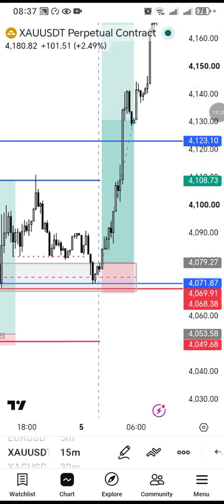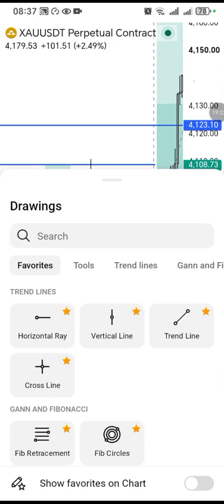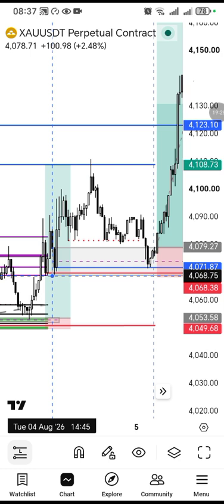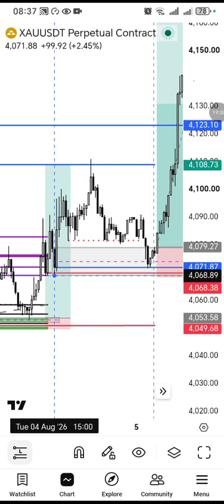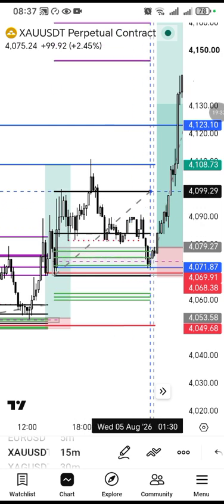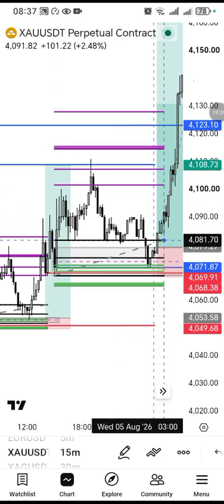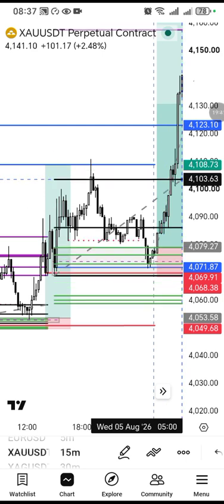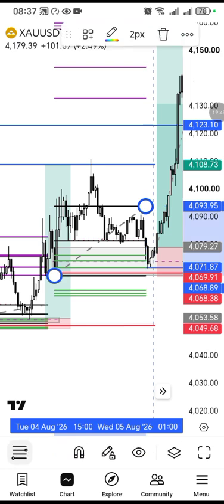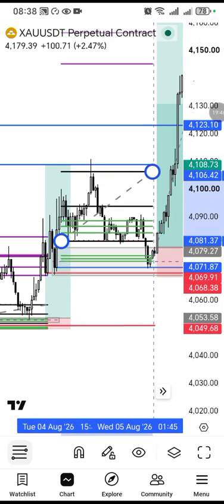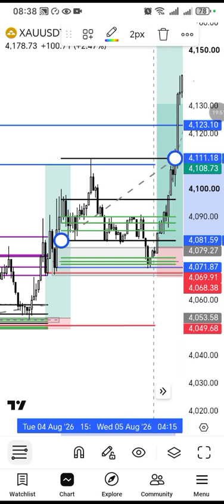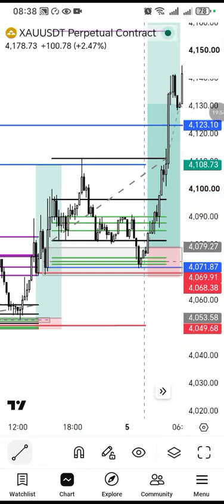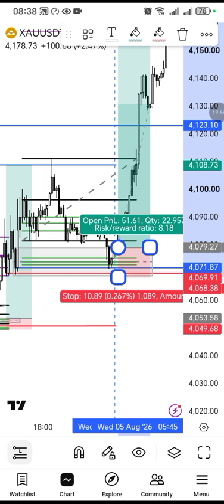That's why I prefer to come with this trick to say, no, let me use this one to reduce my stop loss, or use this one for turtle soup. This one is turtle soup trick.